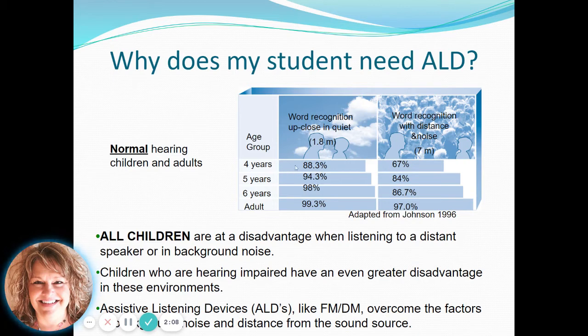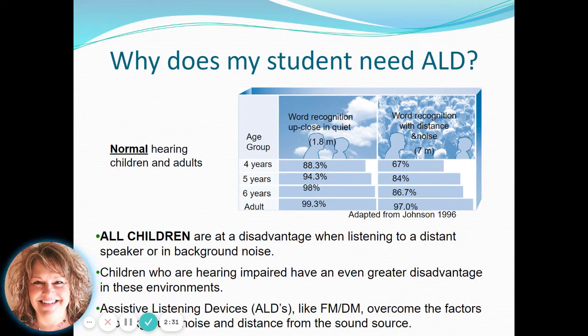The younger they were at 4 years, they understood 88%. 5 years old, 94%. 6 years, 98%. And adults understood 99.3%, which is pretty good. But even at 4 years old, up close, they still had a little trouble understanding. And that is normal hearing students, or I should say subjects.